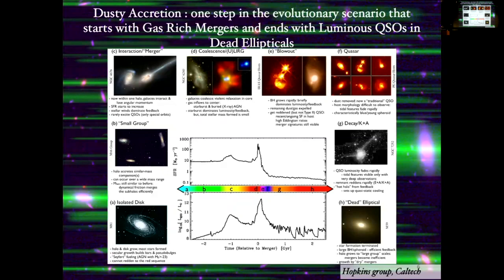Once that AGN is able to insert energy through jets or turbulence through the interstellar medium, it clears a path toward the broad-line region, and so we are able to observe broad-line quasars. But at the same time, in that clearing process, it prevents the gas from making stars because the gas has been impacted by the AGN. So in this scenario, the AGN is obscured.